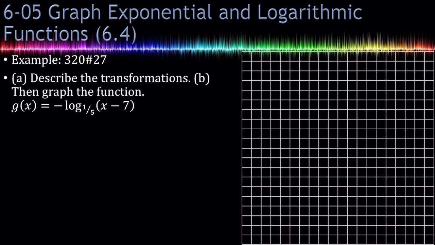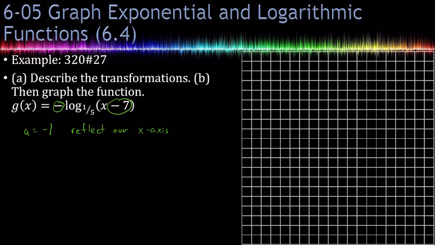For example, let's try page 320, number 27. We're going to describe the transformations and graph the function. So I notice the negative in front there. So that means my a is -1, which means we have a reflection over the x-axis. I also notice this -7.